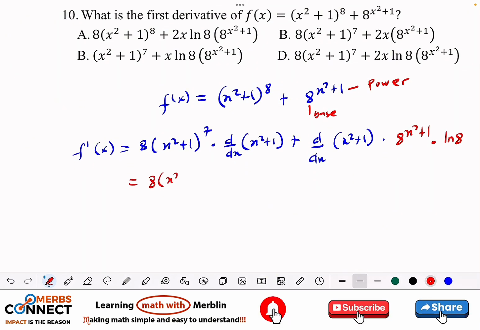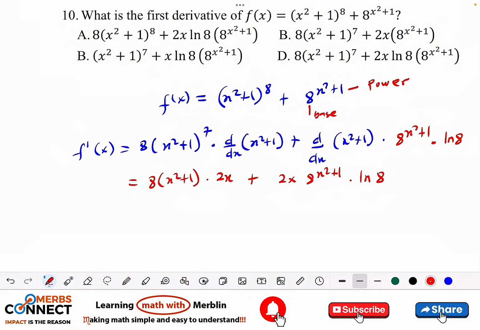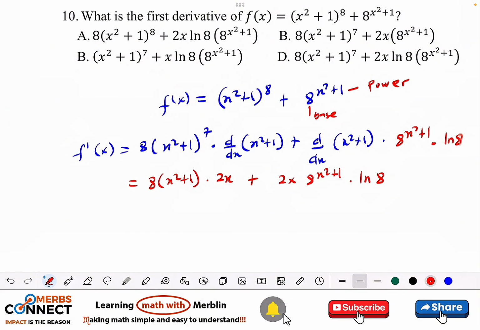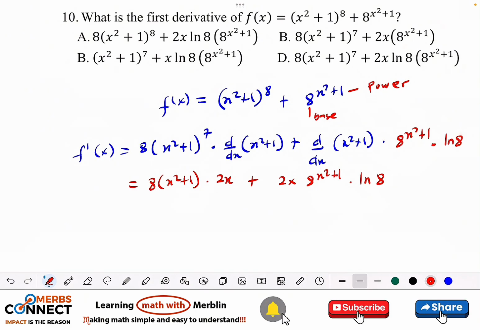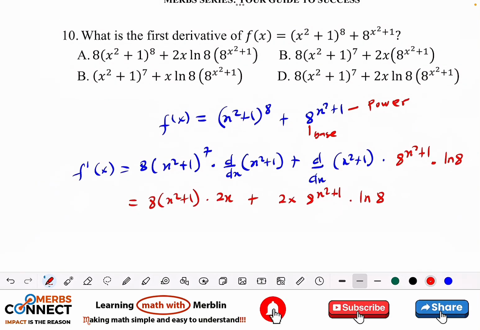So 8(x squared plus 1) to the 7, times, when I differentiate this, I get 2x, right? Then plus, this is also 2x times 8 to the power x squared plus 1 times ln of 8. So let's see if we have something like this inside the solution. Let's check it out.